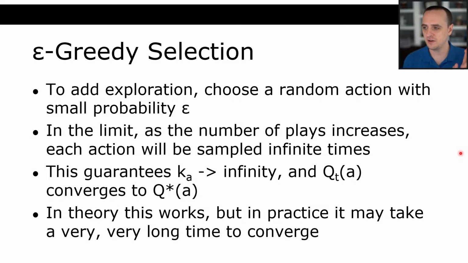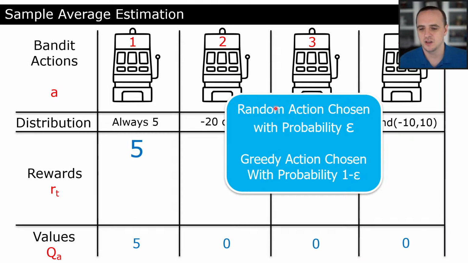So in theory, this works, but in practice, depending on the value of epsilon, it may take a long time to converge. So what's going to happen is, if epsilon is, say, 5%, right? 5% of the time, we're going to choose a random action. But 95% of the time, we're going to choose the greedy action.